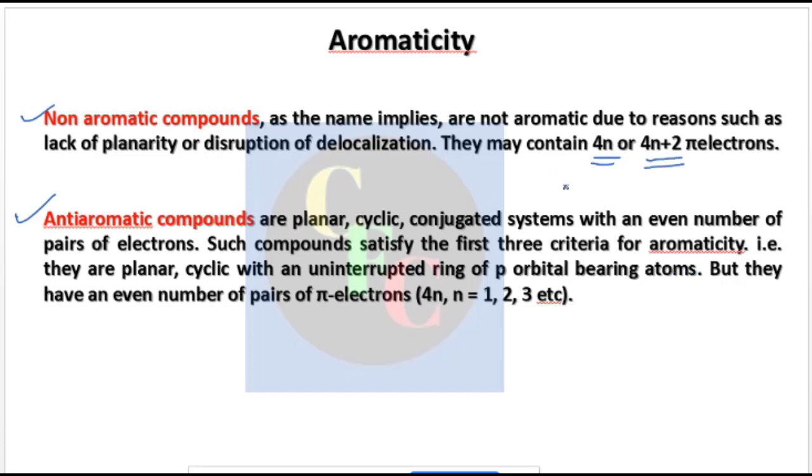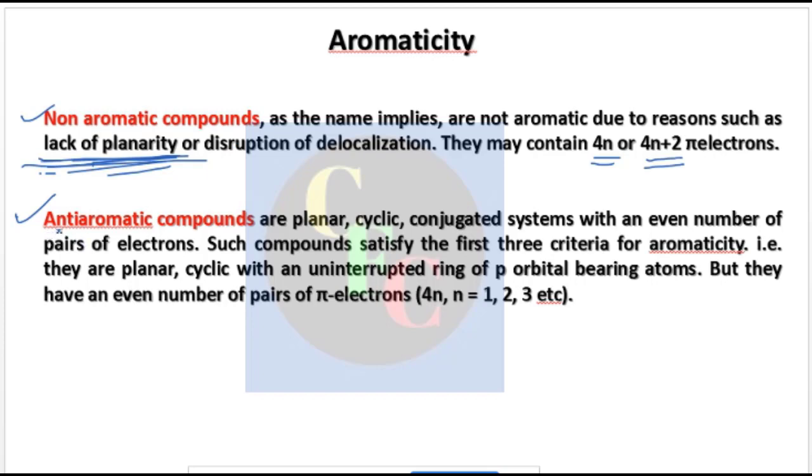But they are not aromatic because they lack planarity. They do not have a planar system, right? They are cyclic, but their delocalization is disrupted somehow. We'll see specific examples. So non-aromatic compounds are those which may have 4n plus 2 electrons, but they are not planar. So this is enough to make the compound non-aromatic.